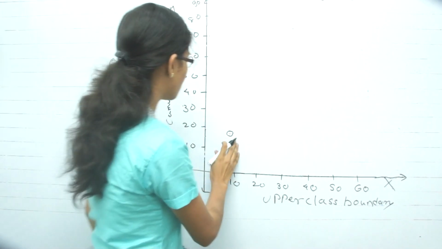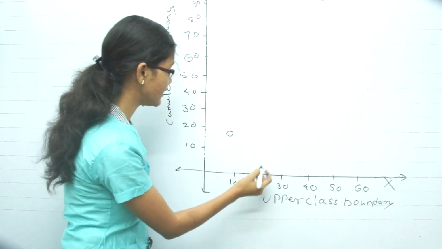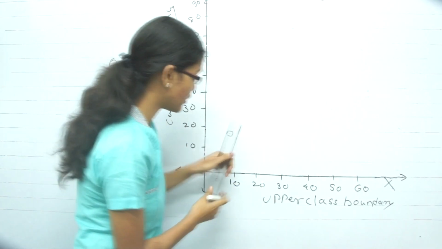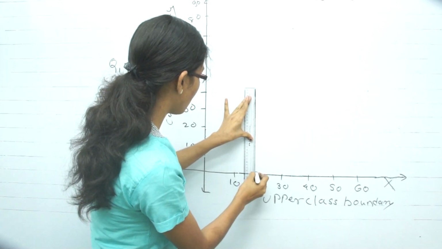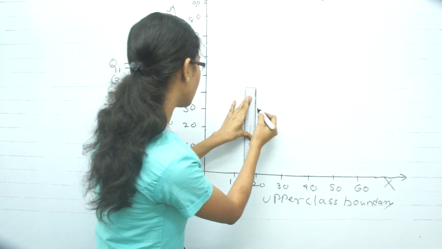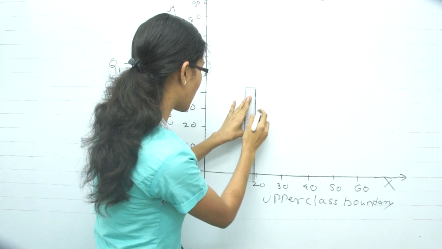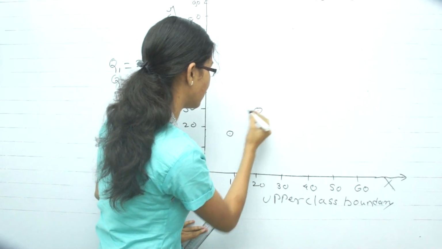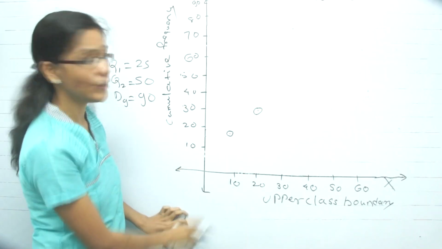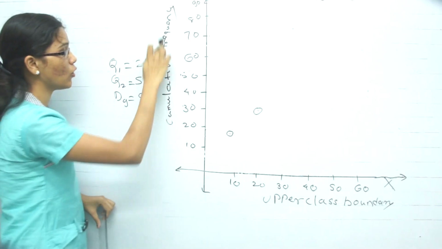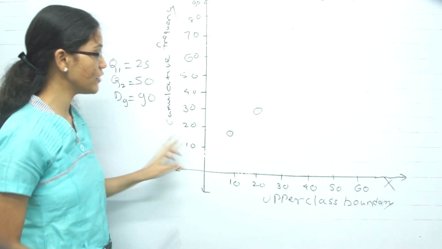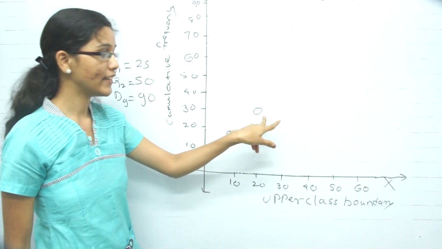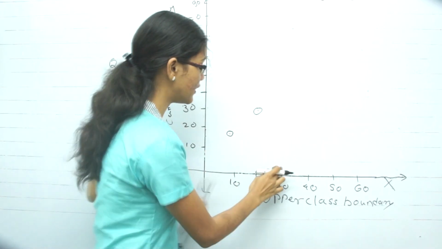Okay friends, this 12 and then 30 is 20, so put here this line 20, and then what? 30, put here 30. Okay, here you have given the cumulative frequency, so first is the 12, and then 30, and then 57.